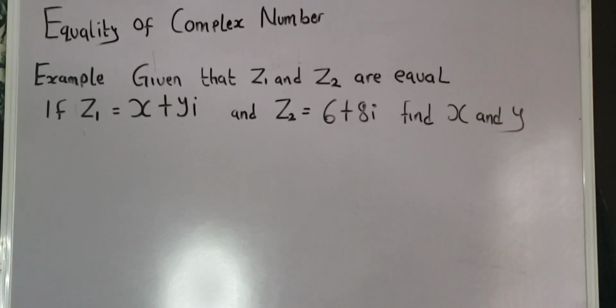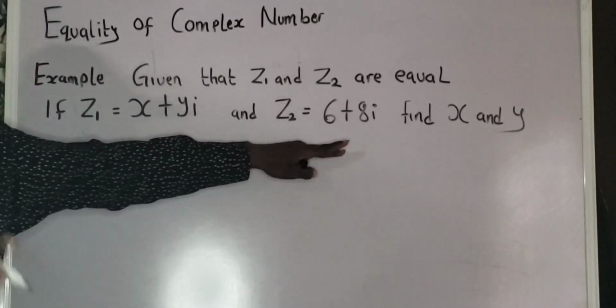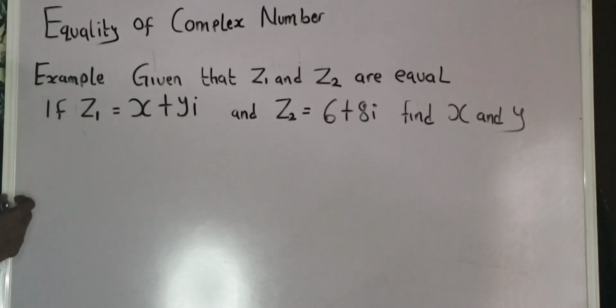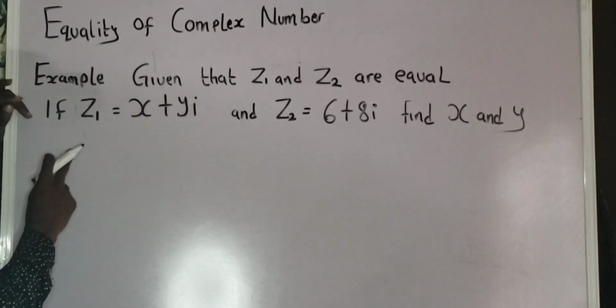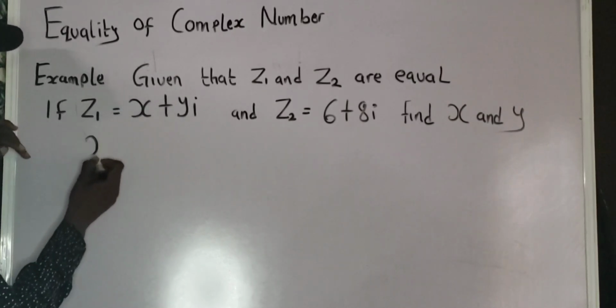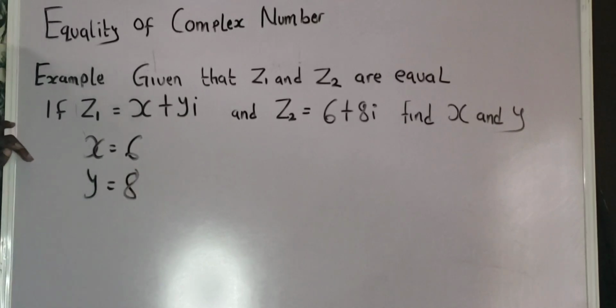Two complex numbers are said to be equal if the two real parts are equal, and the imaginary parts are also equal. So if z1 equals z2, the real parts will also be equal. Therefore, x equals 6, and y equals 8. You understand? So this is the correct answer.